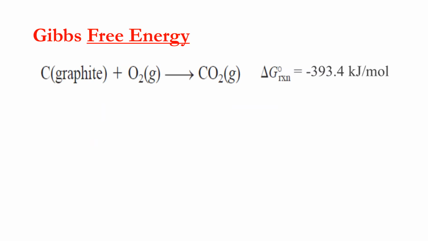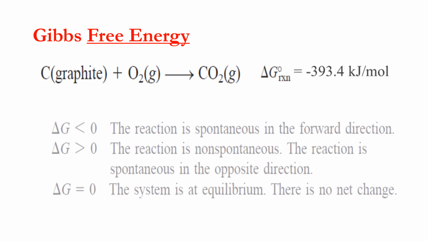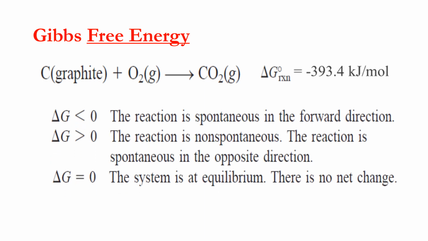Recalling the Gibbs free energy conditions for spontaneity of reaction, when the free energy of the reaction is less than 0, that is, any negative value, the result is that the reaction is spontaneous in the forward direction.